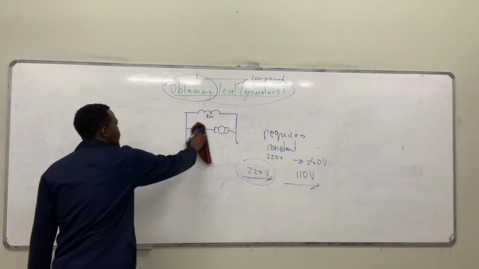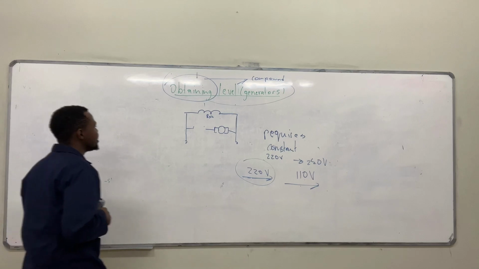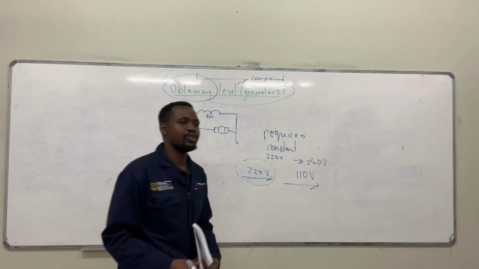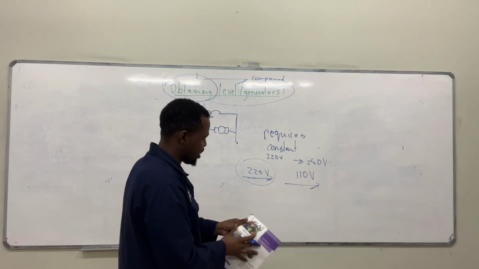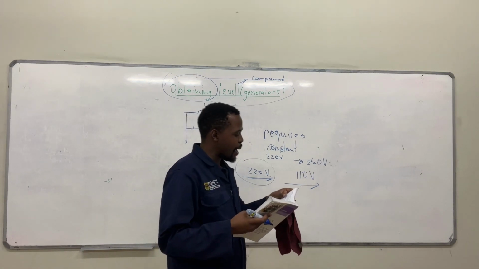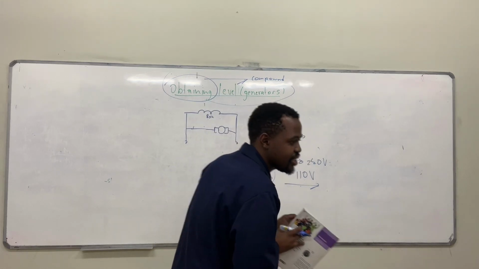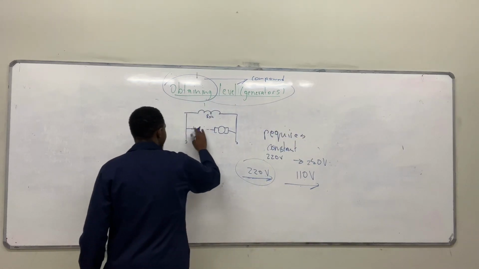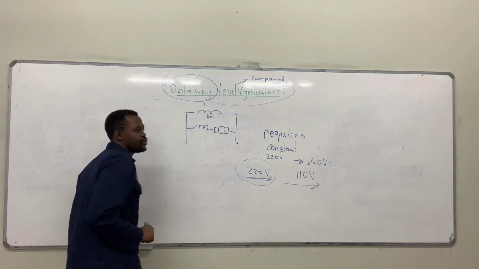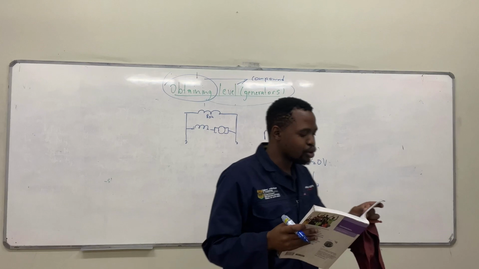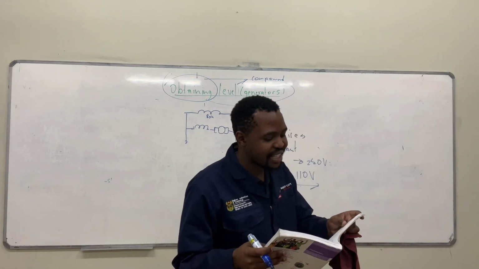It says we can take any shunt generator and convert it into a compound generator. How do we do that? By adding a what? We come here and add a series field winding.